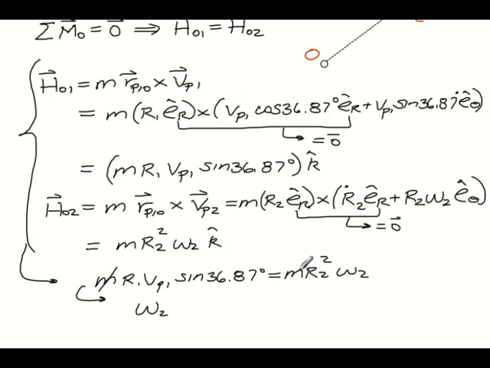The m's cancel out, and we get R1, we know that, VP1, we're given that, sine of 36.87, divided by R2 squared.